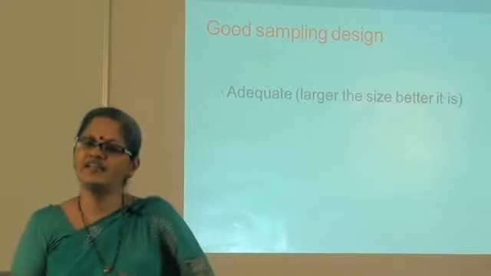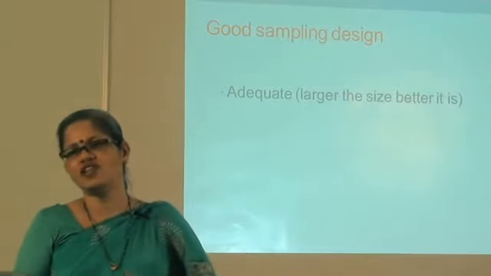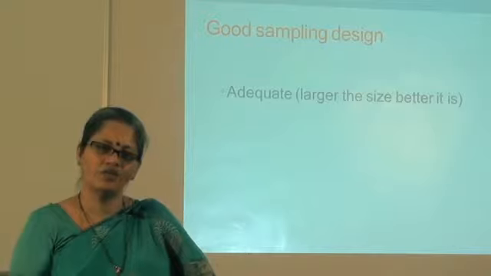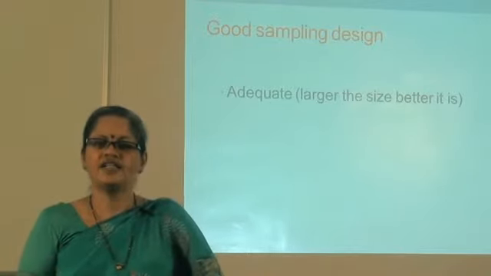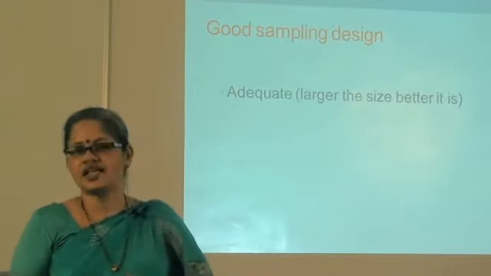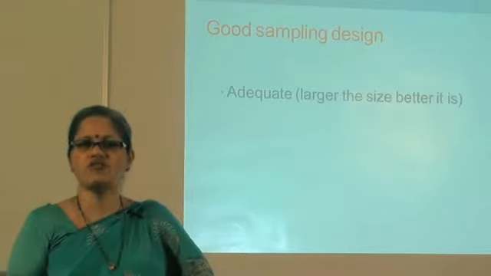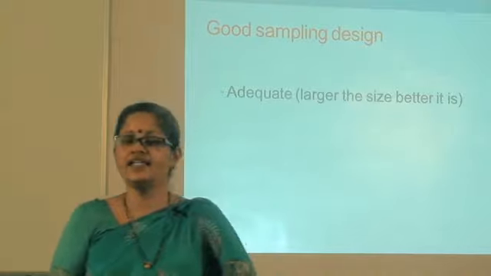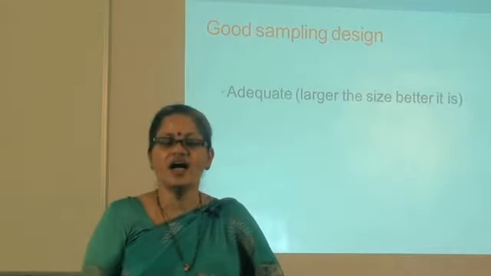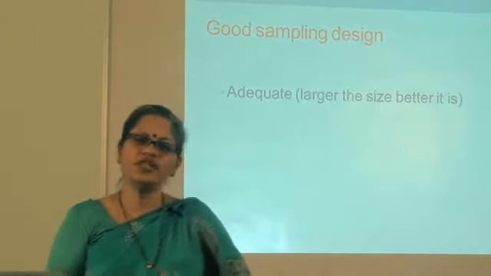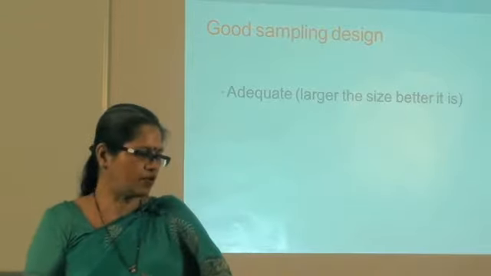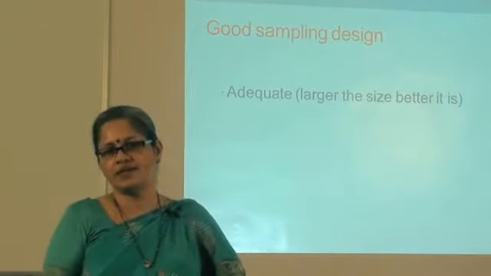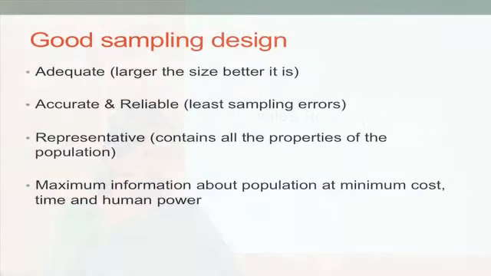When we talk about the adequacy of the sample, we have to first think about the size of the population. Adequacy of the sample is decided by the size of the population. If your population is 1 lakh students and we are considering only 10 students, then 10 students cannot be considered an adequate sample. So we have to keep in mind the size of the population. The larger the size, the better it is.